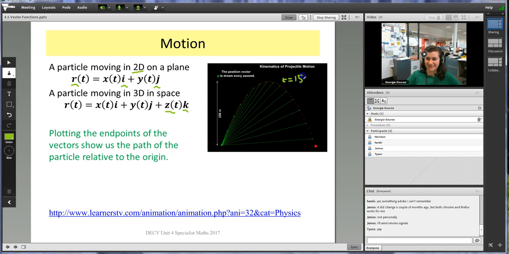Could be here. And then at time equals 25, it could be here. So the vectors give us a notion of the direction with respect to time, and also once we know the position at different times, we can establish the direction of the motion.